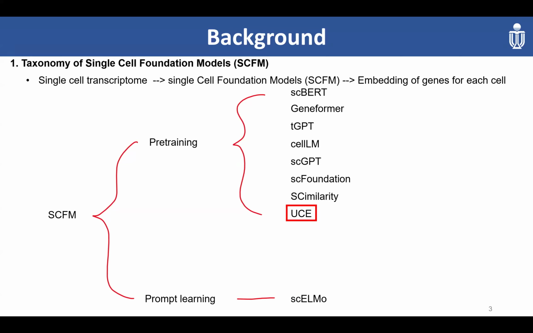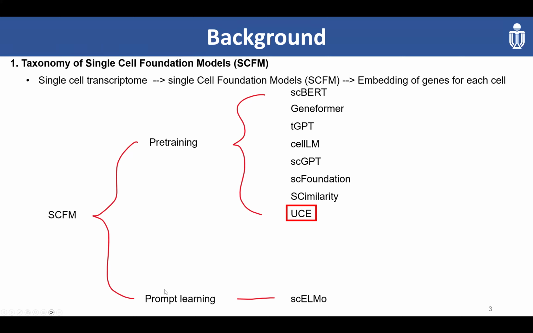So for the pre-trained part, they use other previously pre-trained models? No, they train from scratch. They just borrow other model structures, but the data collection and the pre-training are from scratch. So you mean the prompt learning model is also pre-trained?